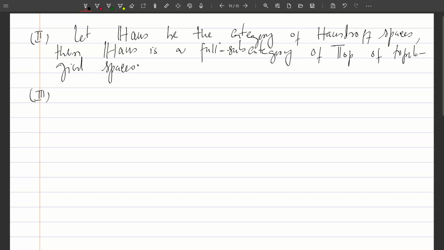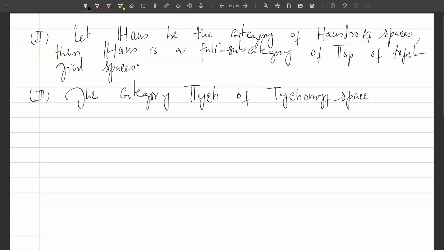Similarly, let us write this down here. The category TYCH of Tychonoff spaces, which are the spaces which are T1 and completely regular, i.e., completely regular T1 spaces.